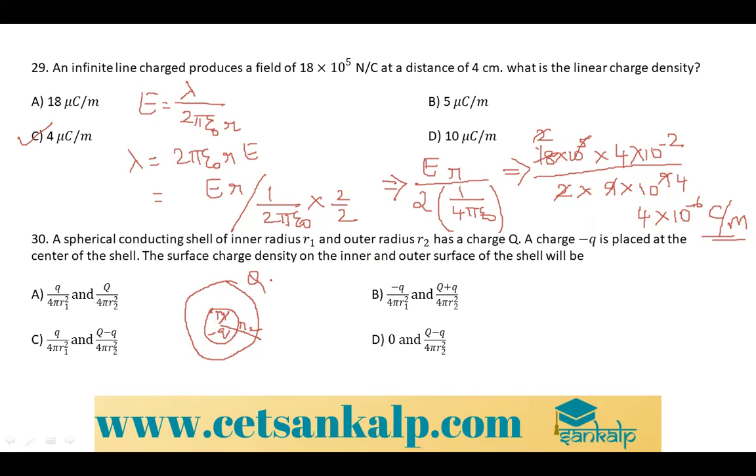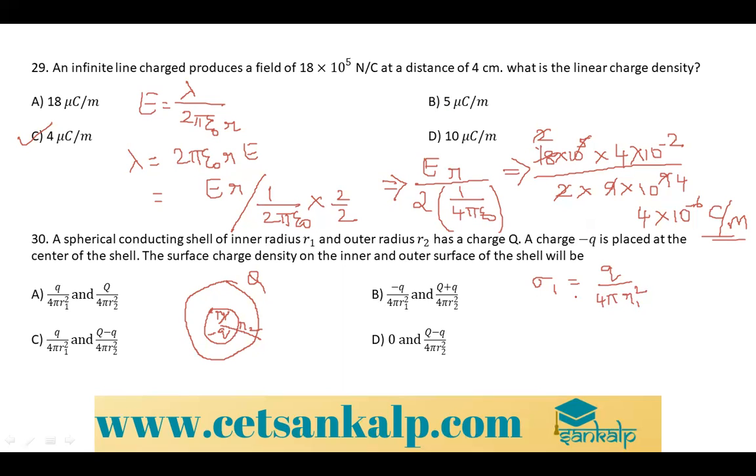So as you can say here, the minus Q is placed at the center of the shell. Therefore, it will induce a charge of plus Q on the inner surface and minus Q on the outer surface. So you can say sigma 1, the surface charge density on the inner surface, will be given as Q divided by 4 pi R1 square.